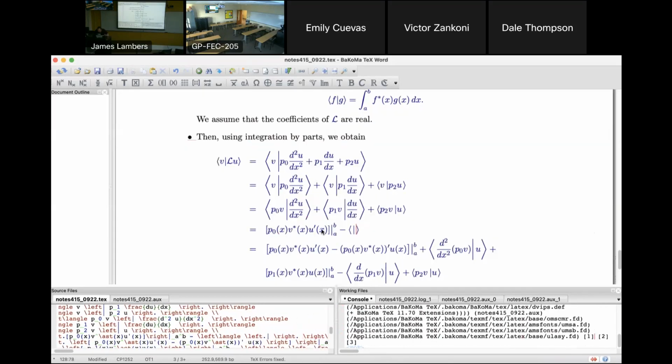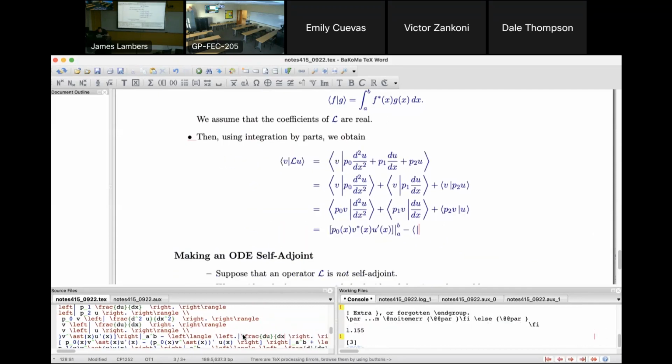Now, if this is from the integration by parts formula, u and v, inside here I have to have v times u. The v part is going to be this derivative again, so it's just going to be du dx.